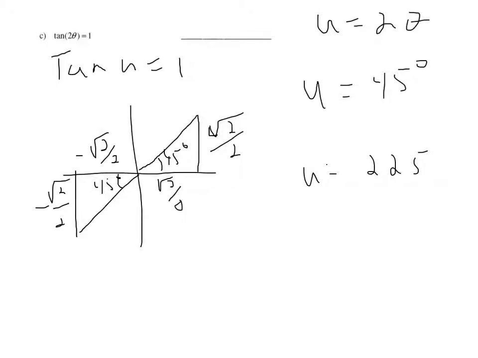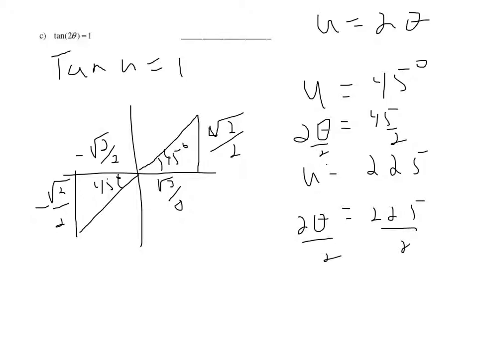But because u equals 2 theta, I'm going to divide both sides by 2. So we know that theta can equal 22.5 degrees, and theta can also equal 112.5 degrees.